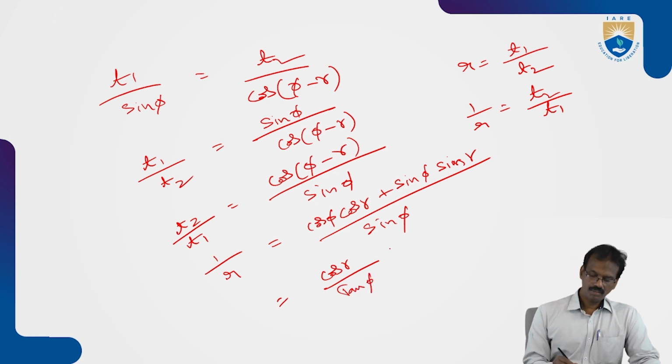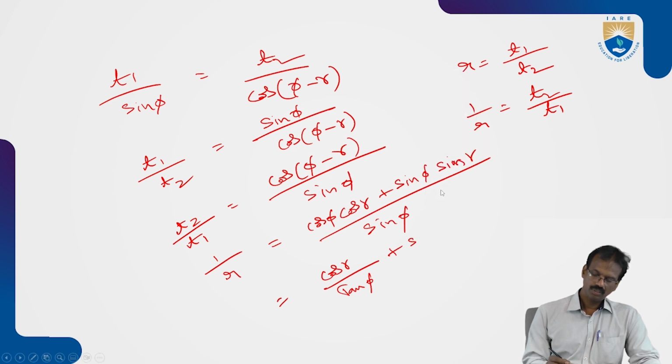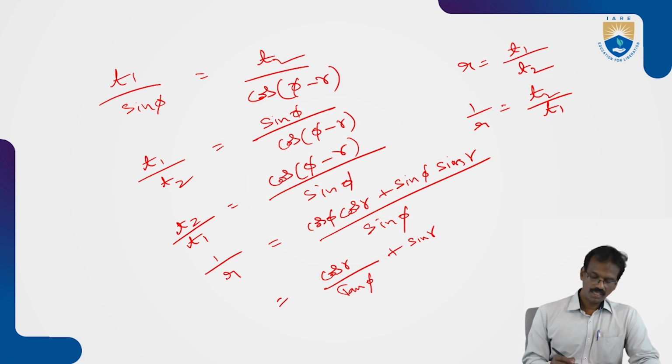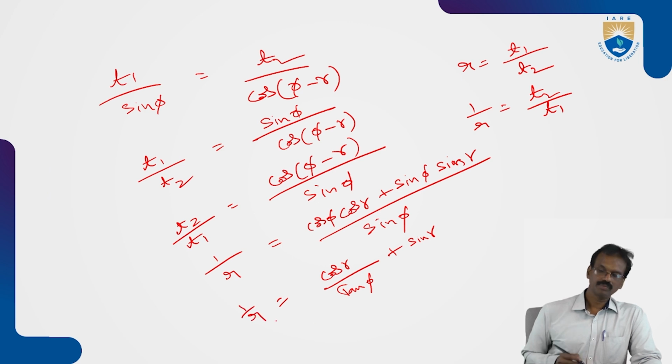Plus sin phi sin gamma by sin phi, the sin phi cancels, so that is the sin gamma. So here this is 1 by r.